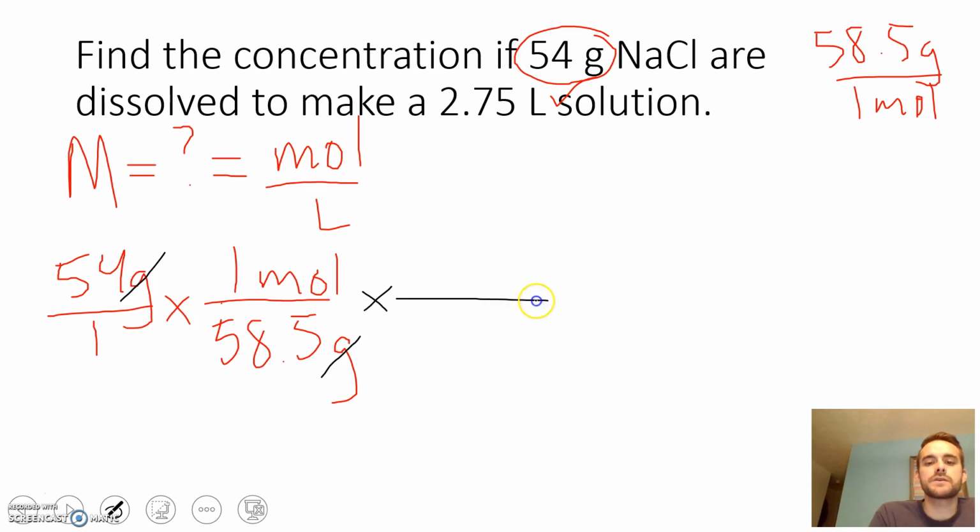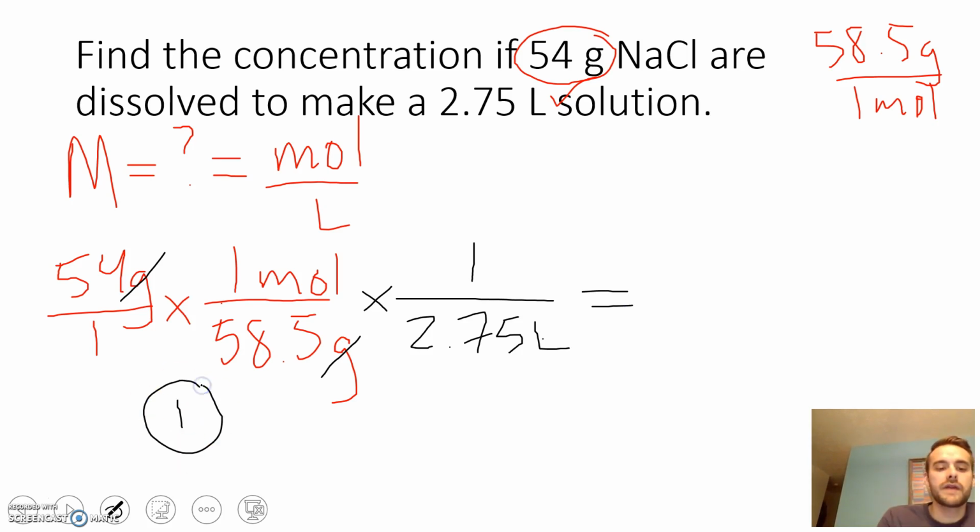Okay. So if we look, we have to take whatever our liter value is. So I'm going to put that in the denominator because I know that I want my answer to be moles divided by liters. And then you can just leave the top blank and have 1 divided by that. Okay? That should make all your stuff work out. Remember, I'm going to label it underneath. That could be your first step, just using this part.